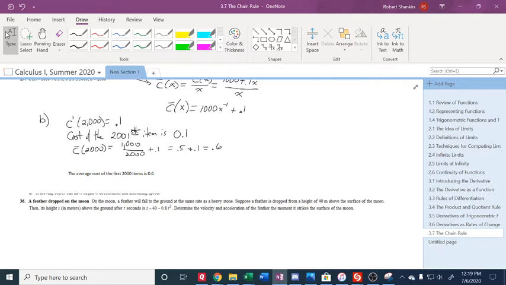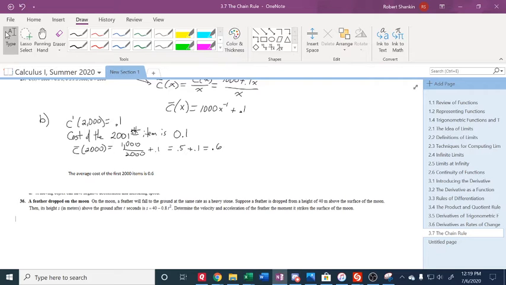Suppose a feather is dropped from a height of 40 meters above the surface of the moon. Then its height s in meters above the ground after t seconds is s equals 40 minus 0.8 t squared. Determine the velocity and acceleration of the feather the moment it strikes the surface of the moon.